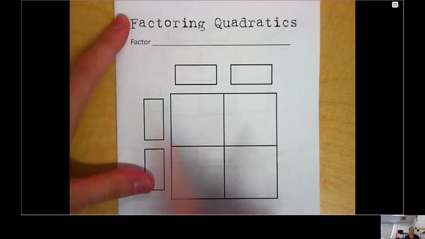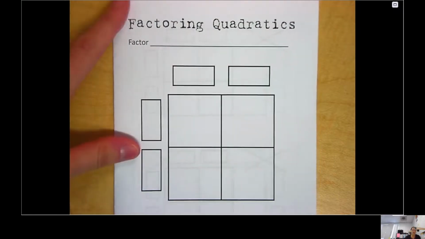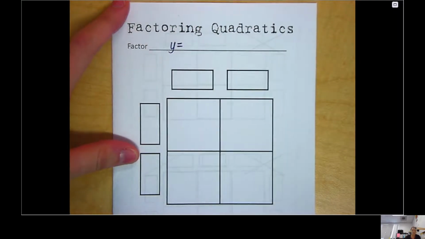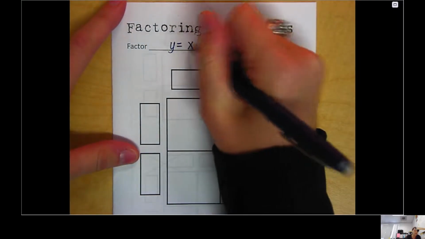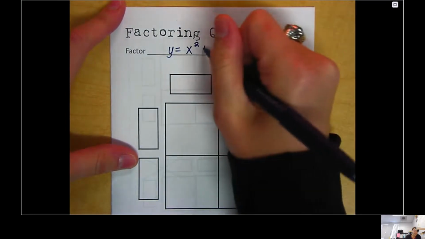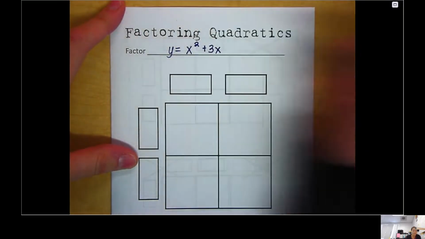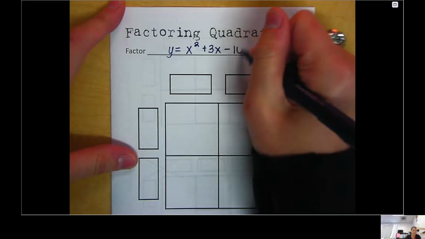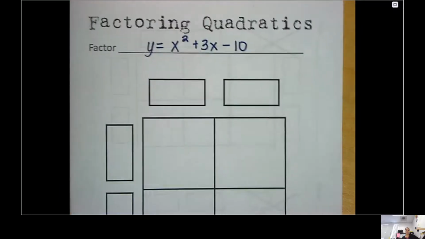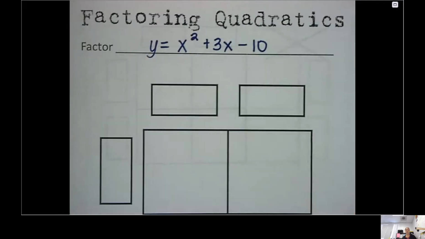Awesome. Okay, so we're going to start by factoring the equation y equals x squared plus 3x minus 10. X squared plus 3x minus 10.